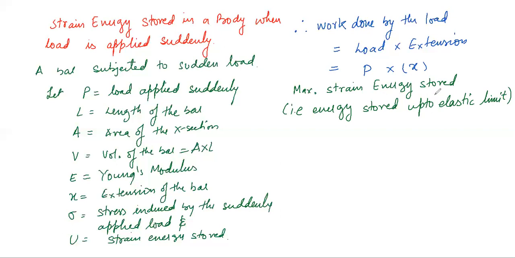And this maximum energy stored in the body is given as U equals sigma square by 2E into volume of the body, right?